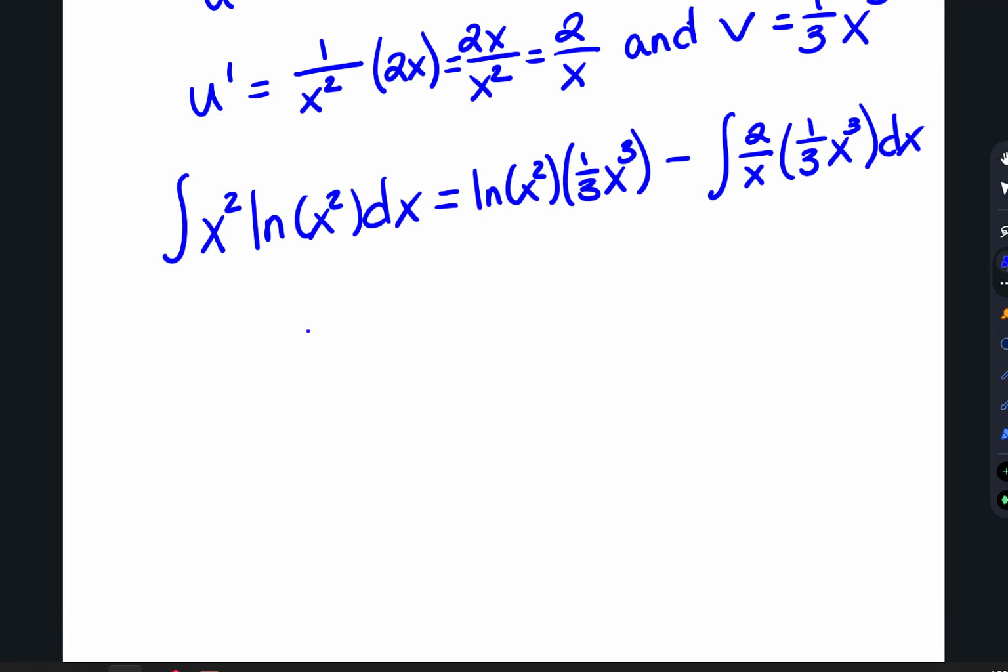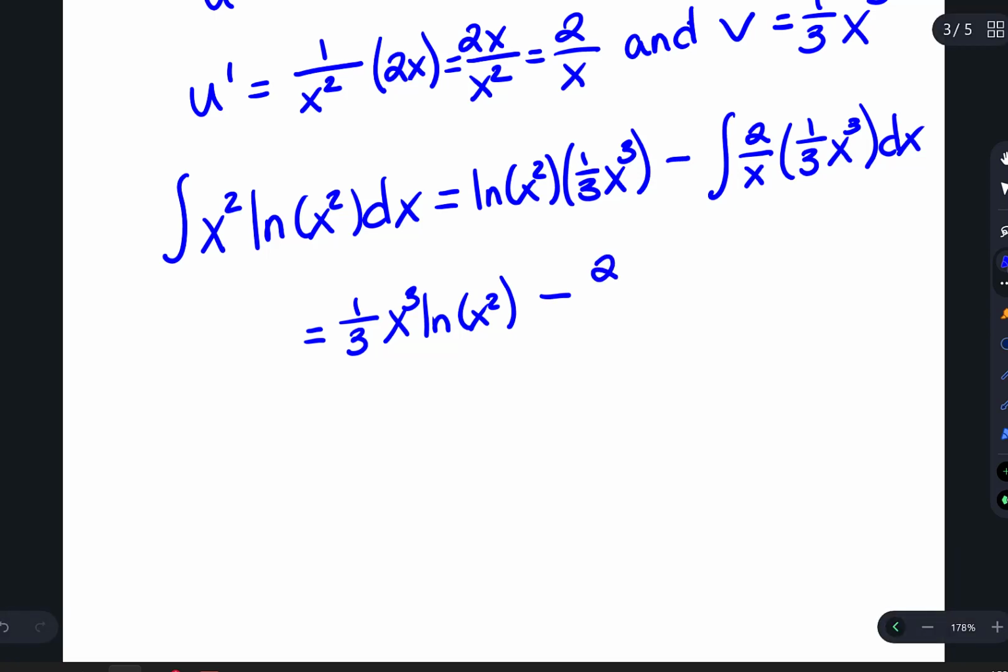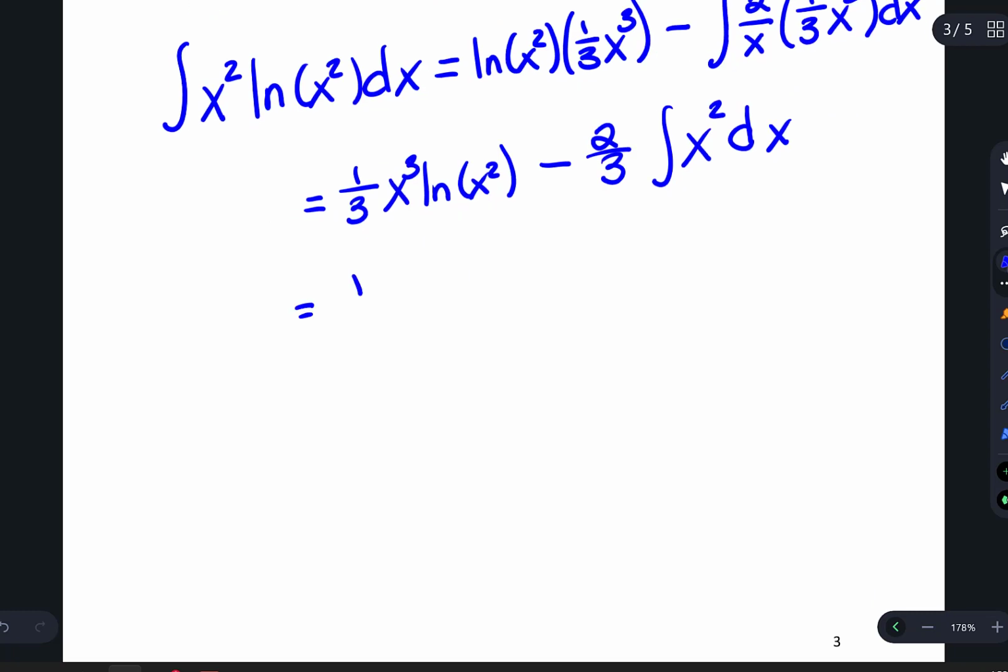So rewriting this, I'm just going to rearrange this first term. I've got 1/3 x cubed times the natural log of x squared minus, I'm going to go ahead and pull out my constant, so I've got minus 2/3. And notice here we've got x cubed divided by x, so this is just going to be the integral of x squared dx. So our first term isn't changing.